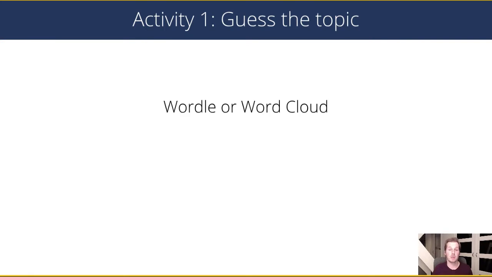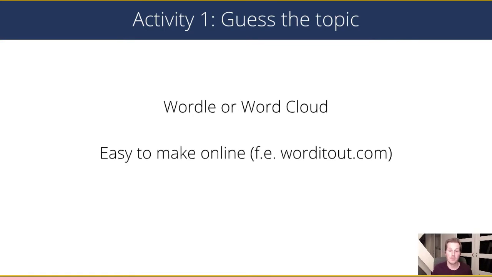Now, this type of activity is called a wordle or a word cloud, and can be used at the beginning of your lesson to see what topic is related to this. And it's really easy to make online. It's easy to make, for example, at worditout.com, but there are many other websites you can use to create this. It only takes a few minutes, and even if you already have a text, you don't have to come up with the words yourself.